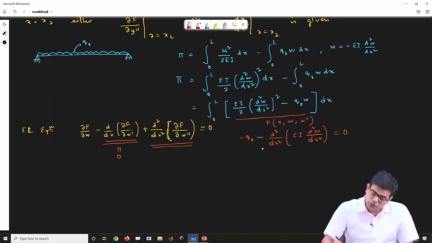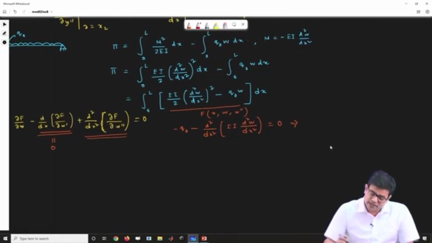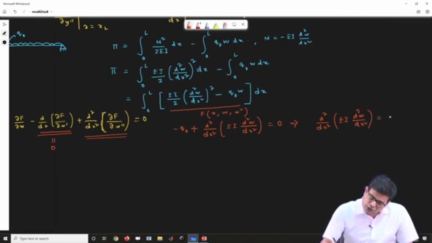Now, this Euler-Lagrange equation you are familiar with. If I modify it a little bit, it becomes d²/dx² of EI d²w/dx² equals q0.